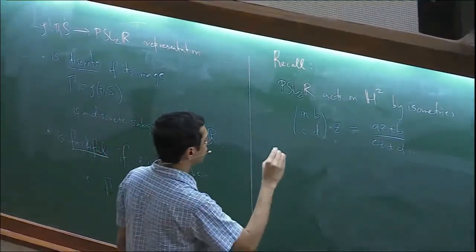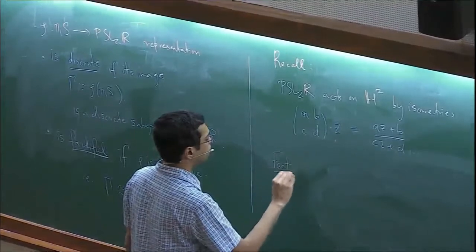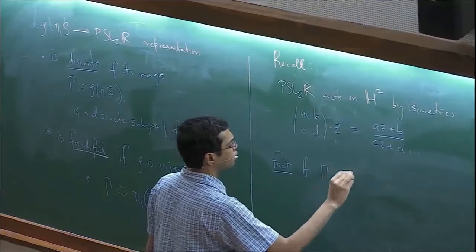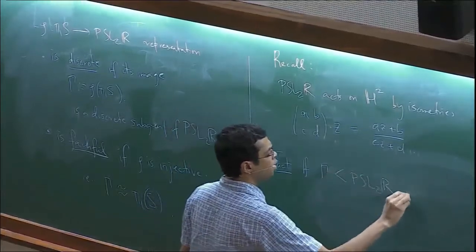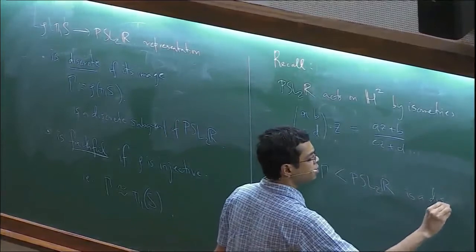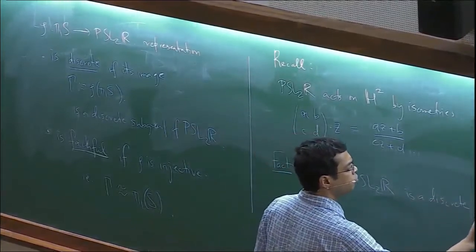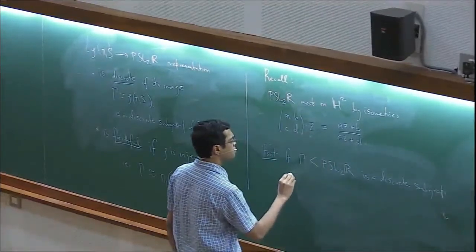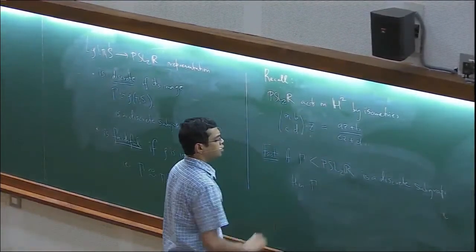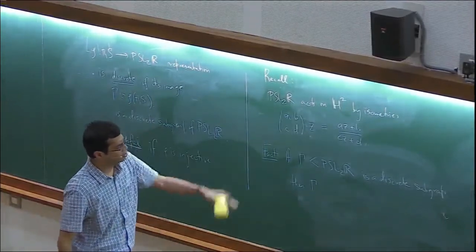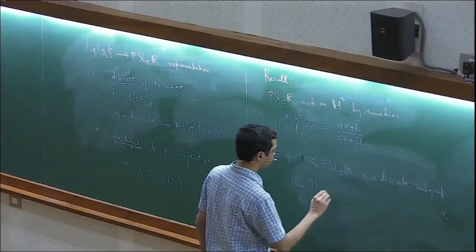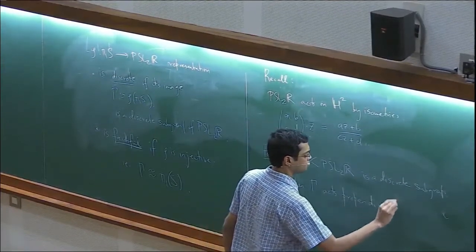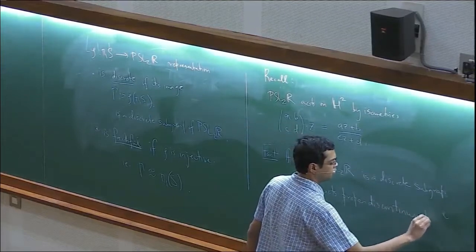And the fact, let's say, is that if gamma, a subgroup of PSL2R, is discrete, so you start with a discrete subgroup, of course it also acts on H2, and if it is discrete, then this action is nice. Gamma acts properly discontinuously on H2.